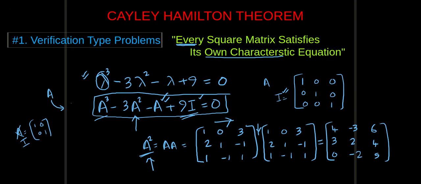Now take a look at the last one, A cube, and A cube is A square into A, or you can write A into A square.